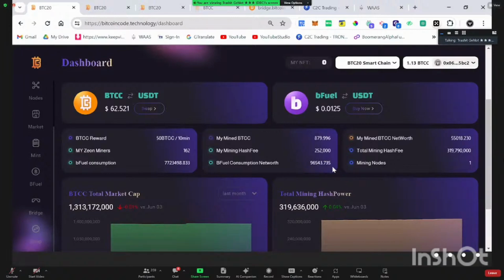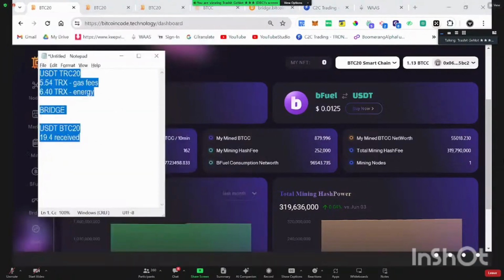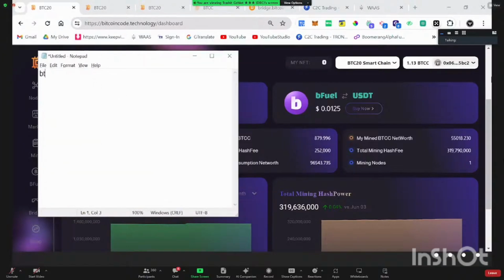But before that, you can determine the cost of harvesting, at which rate you have mined or claimed this BTCC. So let me help you with this example. I'll show you my own assets. You can see over here, BTCC mined is 879. Let us take 880 over here, right?